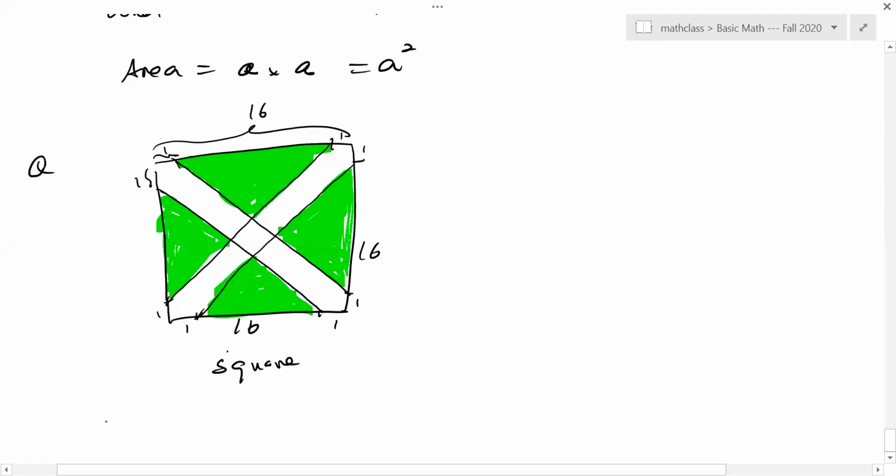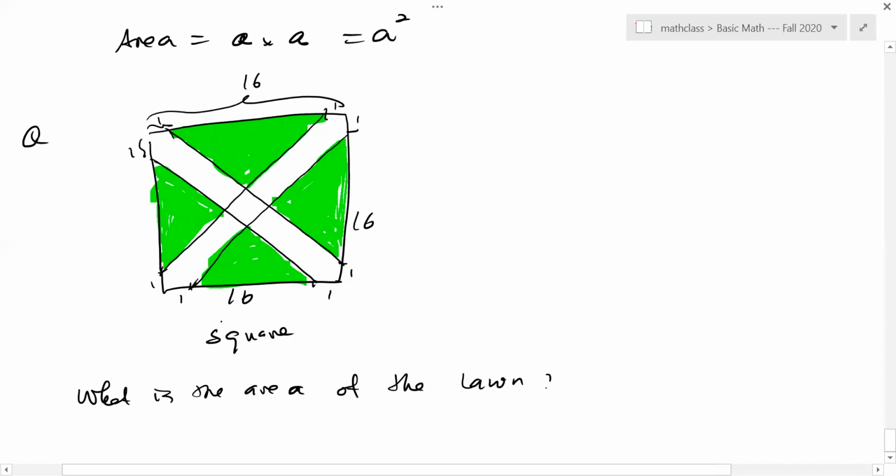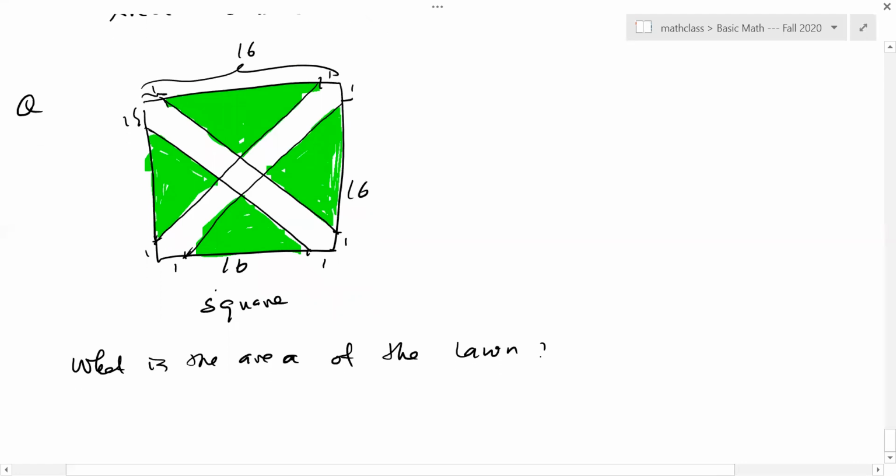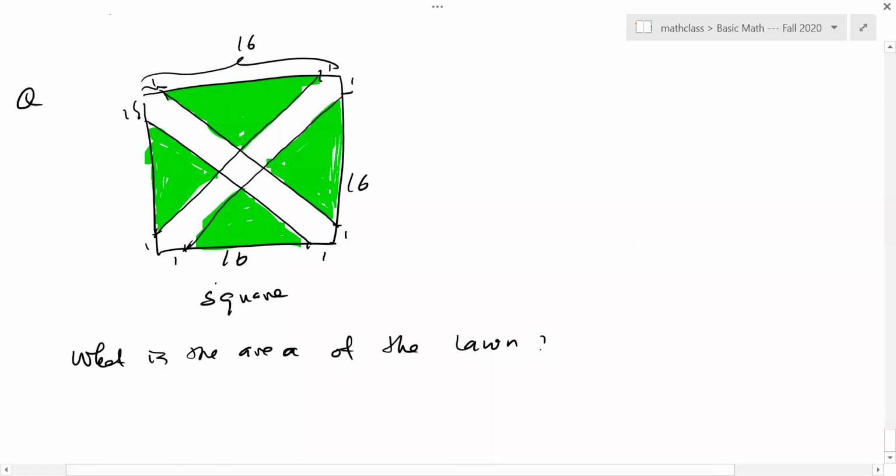My question is, what is the total area of the remaining lawn after we make two roads cross each other? So what is the area of this?